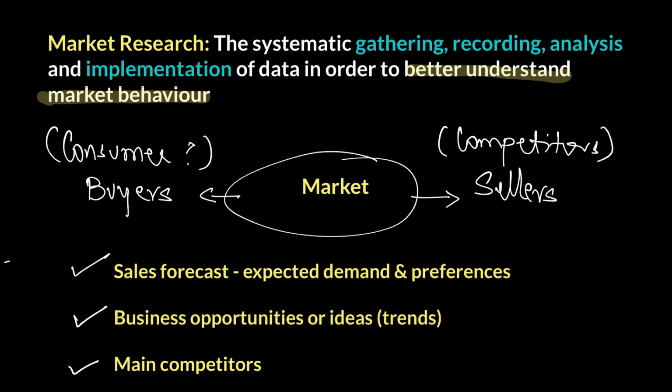And once you've got a final version of the product which you feel confident is going to do well, then you can launch it fully. So many benefits of conducting market research. Not all of them obviously are equally important, but more so the sales forecast is a very important figure which comes out of this exercise.